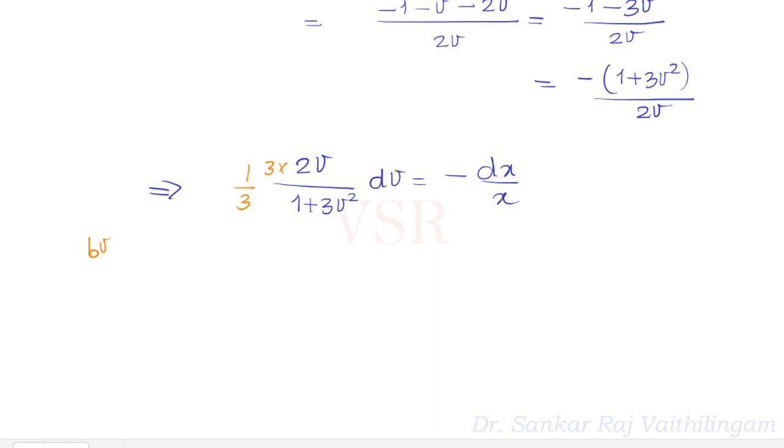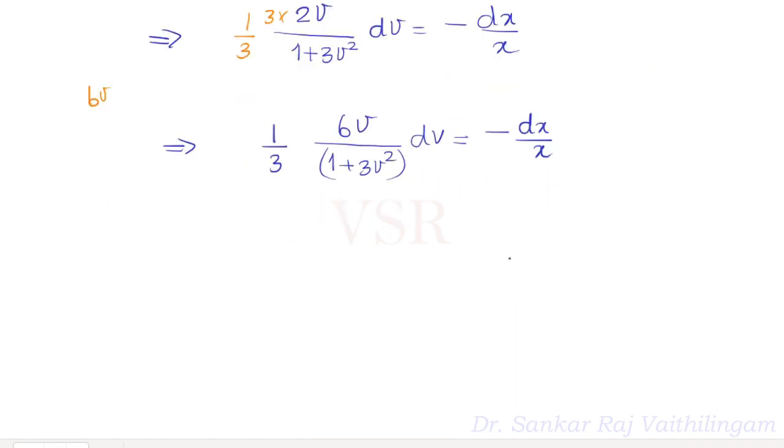Okay, so this implies that 1 by 3 times 6v divided by (1 plus 3v square) dv equal to minus dx by x. அப்போ integrate பண்ணலாமா?